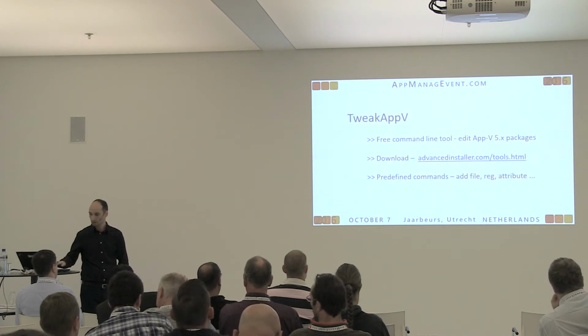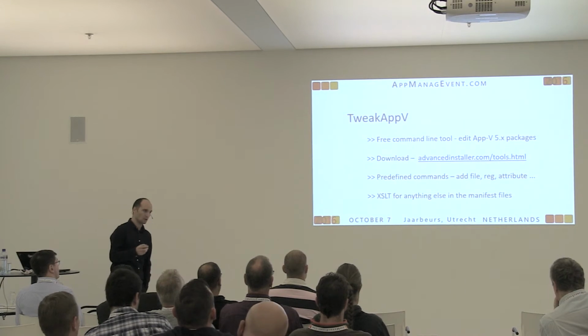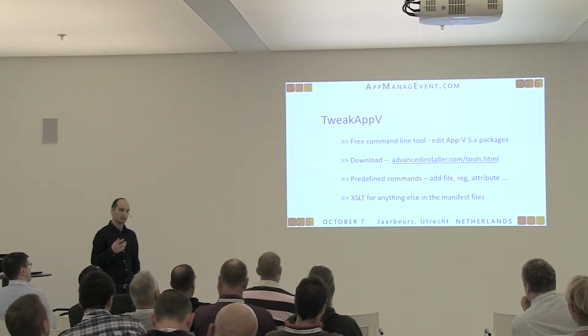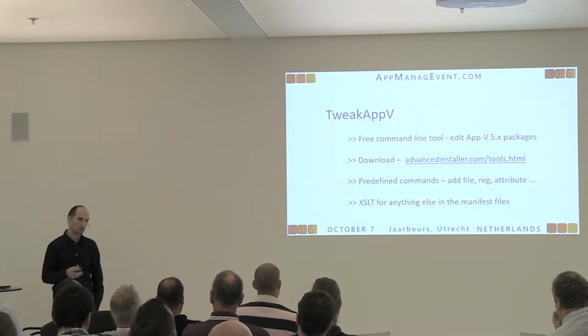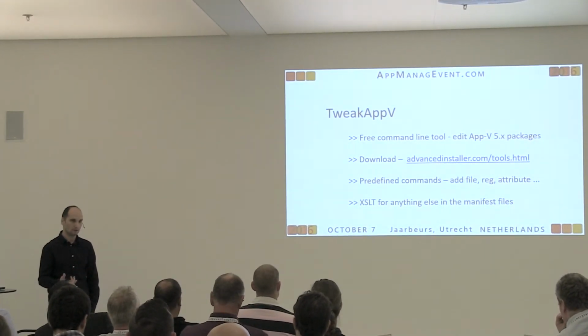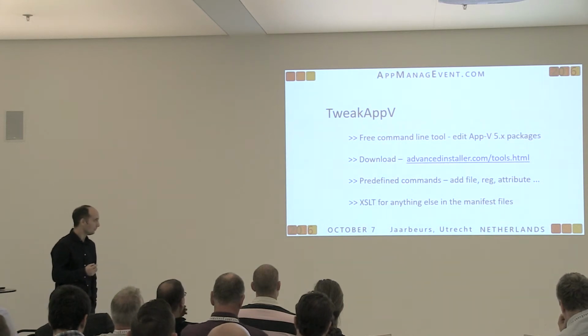But there are scenarios that we cannot foresee. And for this case, we allow you to apply an XSL transform on the content of your manifests from the package, so you can modify practically anything in that package, as long as you make a valid change, as you will see in the demos that I have for you today.